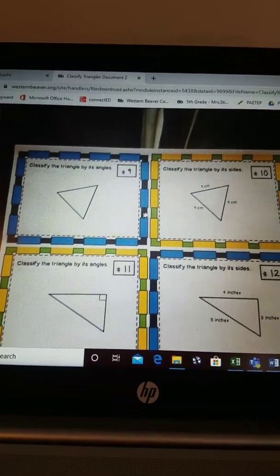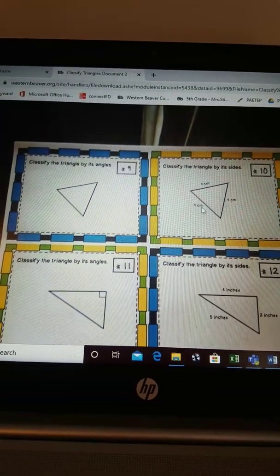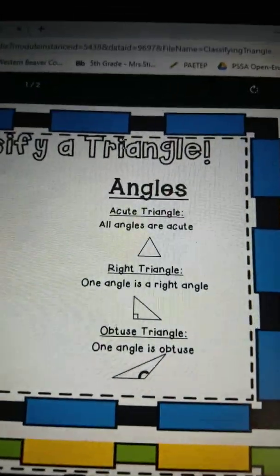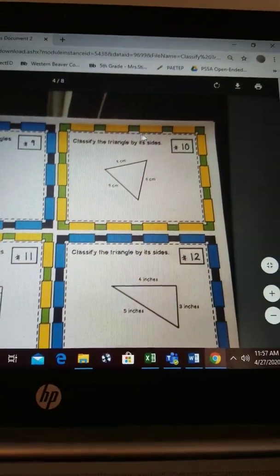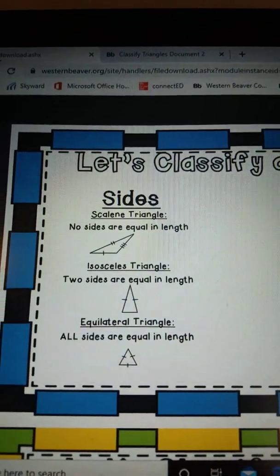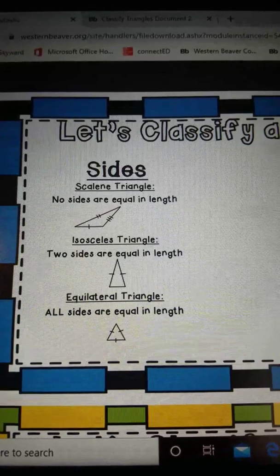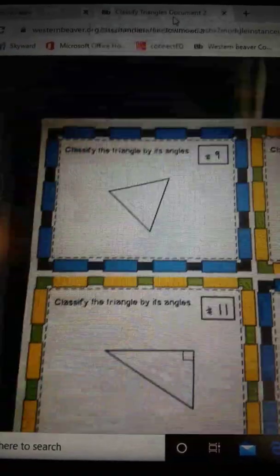So it really seems like you're going to have to read these carefully. If it wants to know by its angles, you're going to use page 916, or you're going to use this side of the reference sheet. If it wants to know by its sides, you're going to use page 915 or this side of your reference sheet.